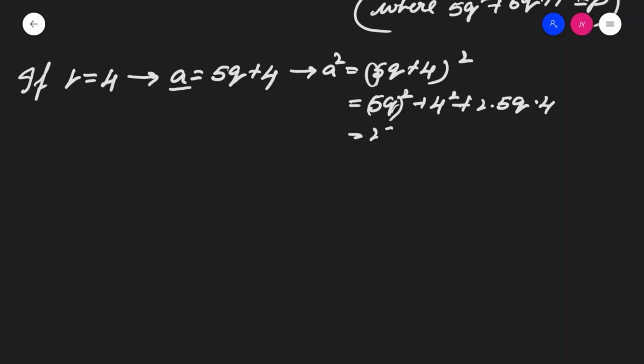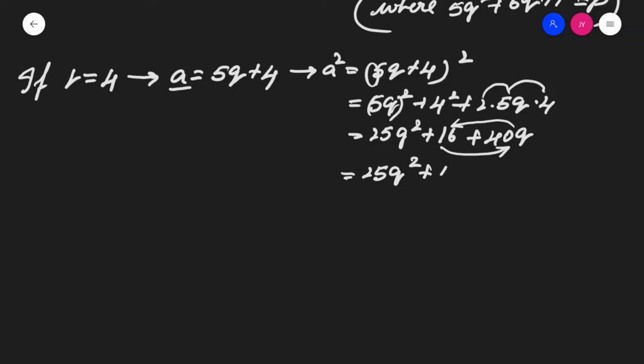So 5q square is 25q square. We have discussed above. 4 square is 16, plus 2 fives are 10, 10 fours are 40. 40q. We are going to rearrange the terms again. 25q square plus 40q plus 16.